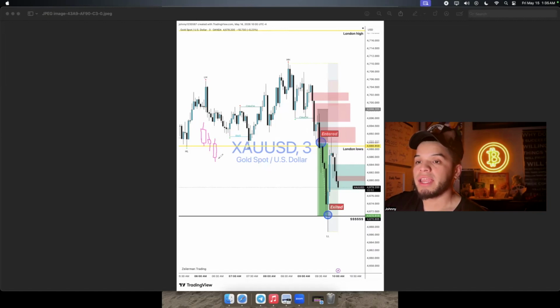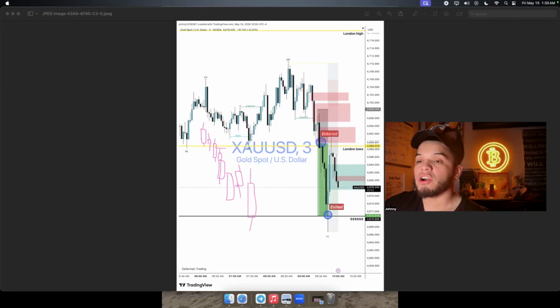And now we have a small pullback right here at, let's say, a fair value gap, for example, and then the move just starts dumping down, and the candle prints like this, and then the move comes down here, goes up a bit like that, and then eventually we hit take profit.